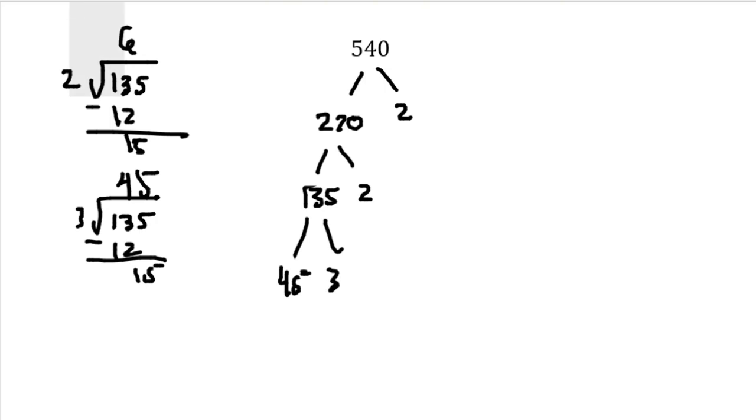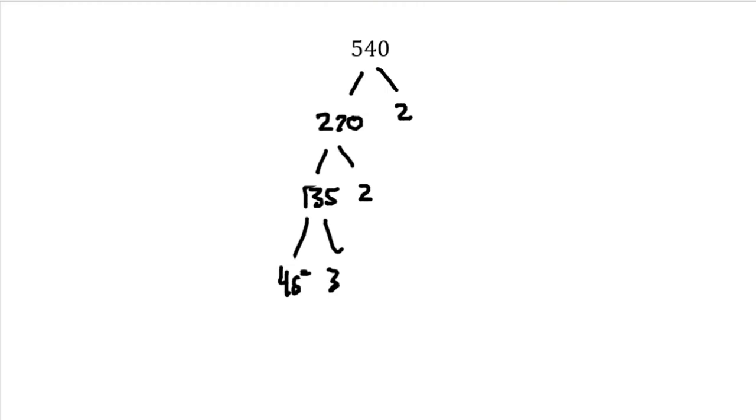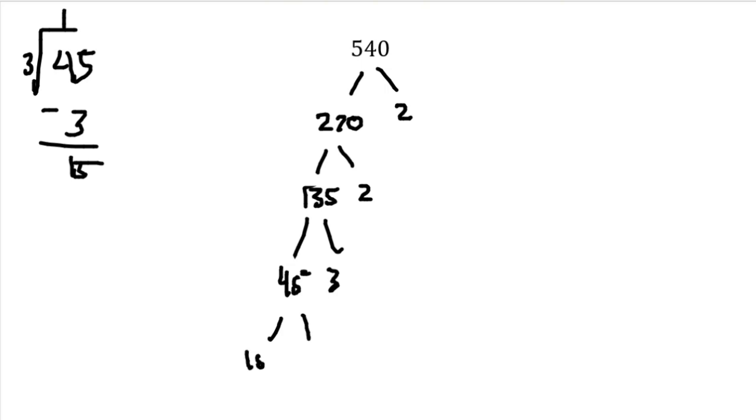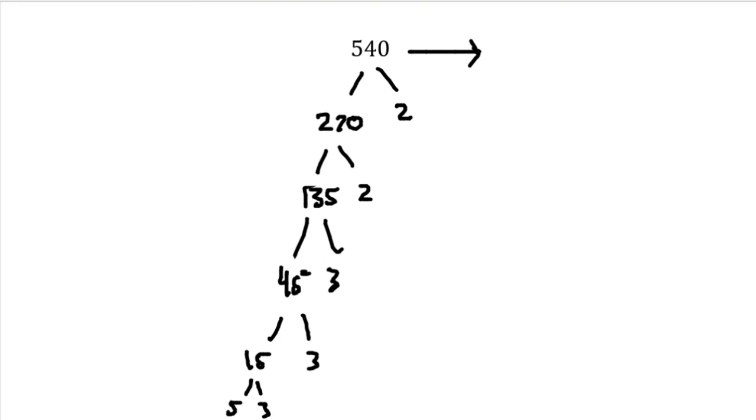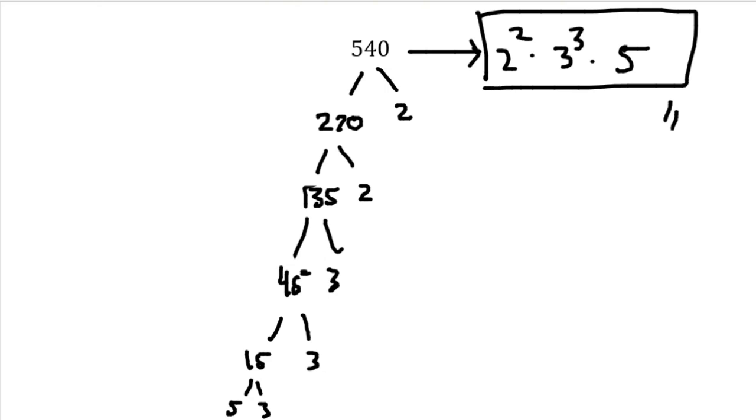So we can just break it down into the smallest chunks. 45 can be broken down into 15 times 3, and this is 5 times 3. So we can write this as 2 squared, then 3 cubed, then 5. So this is the answer for this problem.